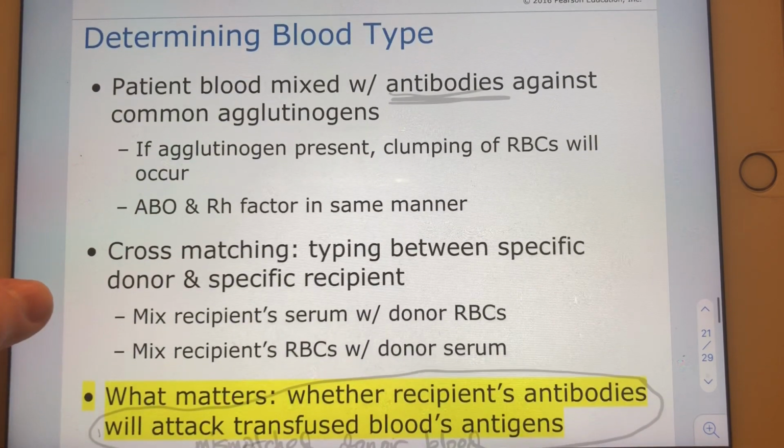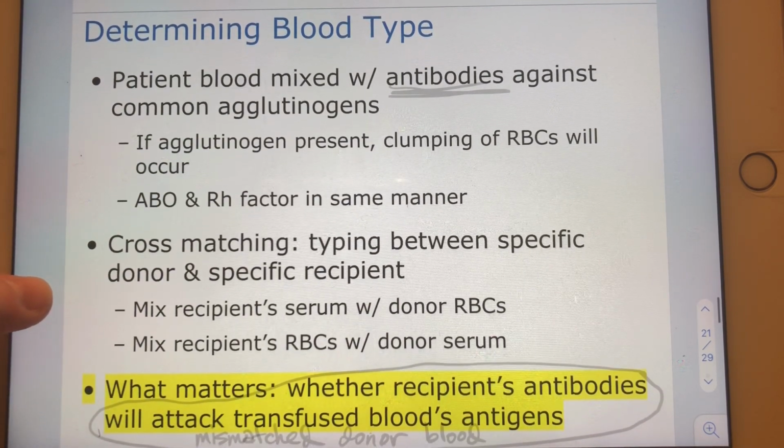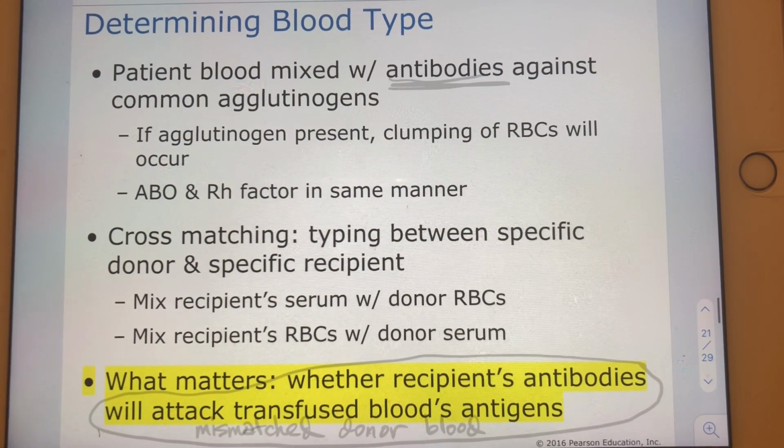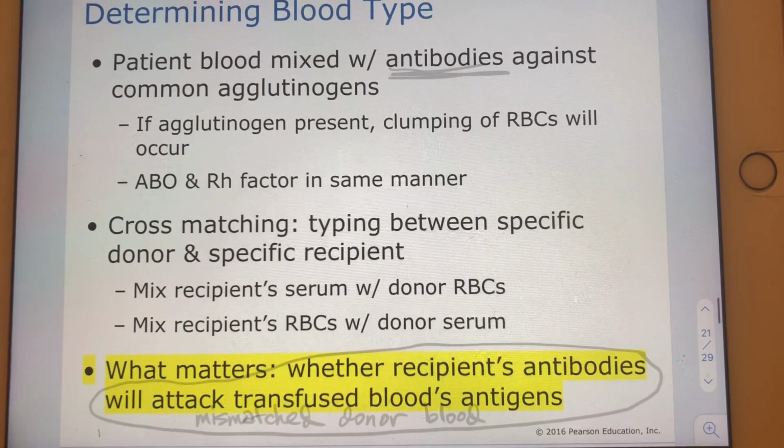And one of the ways that we can determine that is by mixing patient blood, mixing donor blood with synthetically made agglutinogens and observing for clumping. Okay, so if clumping occurs, then we know don't transfuse.